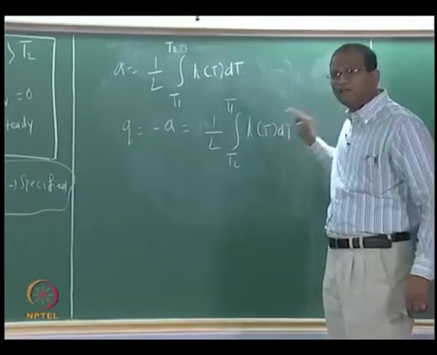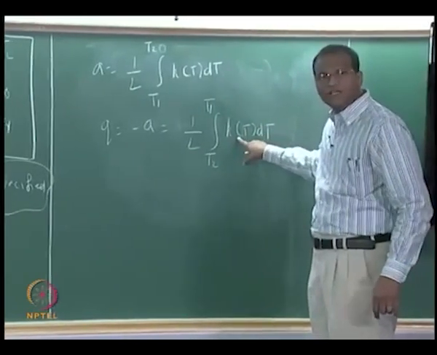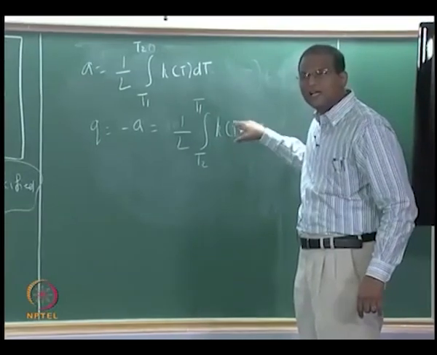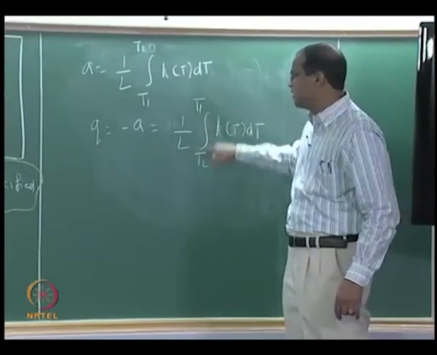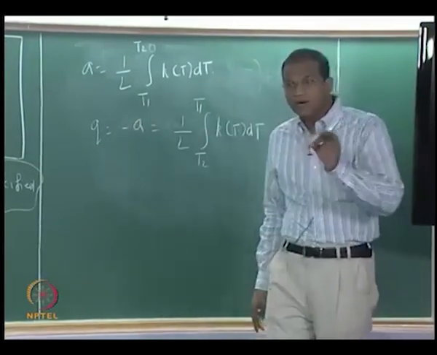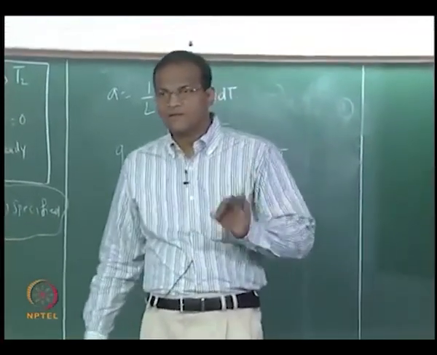Now it is straightforward. If I know the functional form of K of T, it is possible to insert it into the integral, integrate this and substitute the limits T2 and T1 and we are home. But that is only one part of the story.